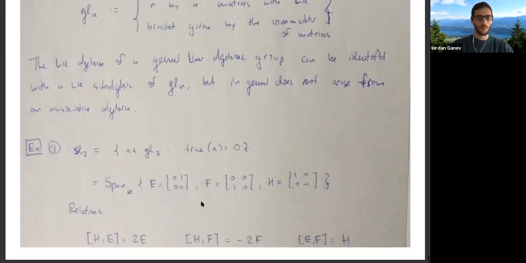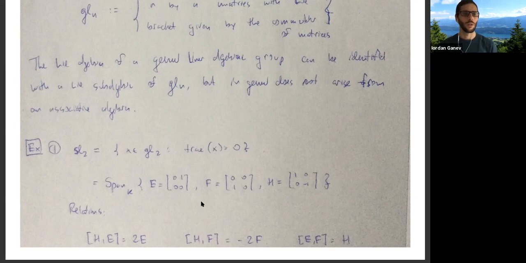So some examples. For SL_2, last time we computed the tangent space at the identity of SL_2, and we saw that there was an identification with traceless matrices.